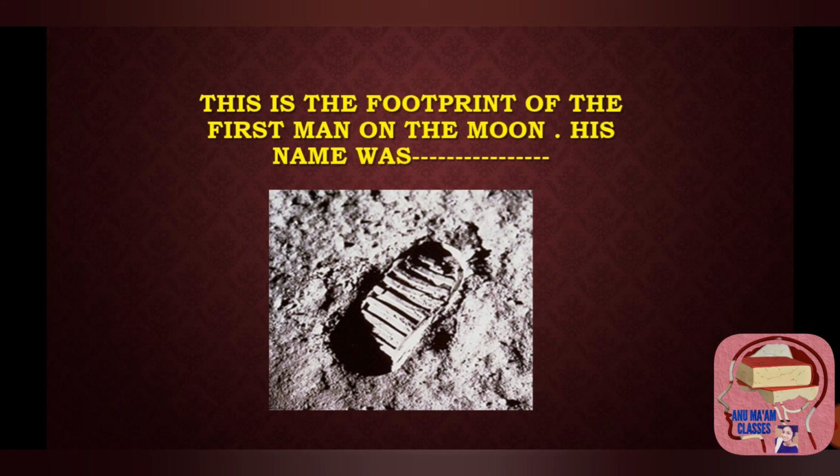Yes, very good. His name was Neil Armstrong. And children, can you tell me who was the second person who stepped on the moon? Everyone remembers the first person. He is Neil Armstrong. Can you tell me who was the second person? No, he was Edwin Aldrin. Okay, who he was? Edwin Aldrin.